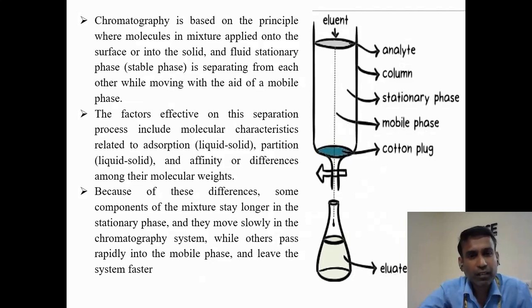So here the factors effective on the separation process include molecular characteristics related to adsorption, liquid-solid interaction, partition, liquid-solid partition, and the affinity or differences among their molecular weights, as we discussed earlier. So here it is separated based on molecular weight, and at the same time based on polarity also.